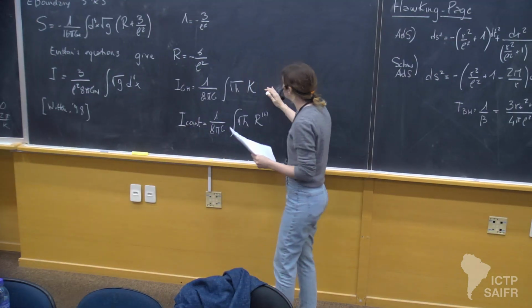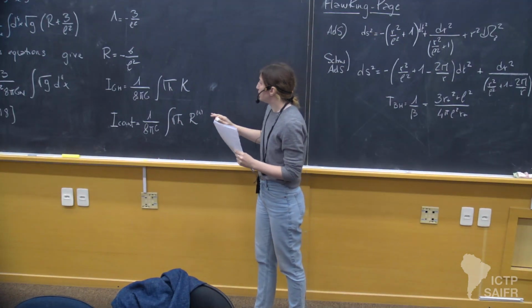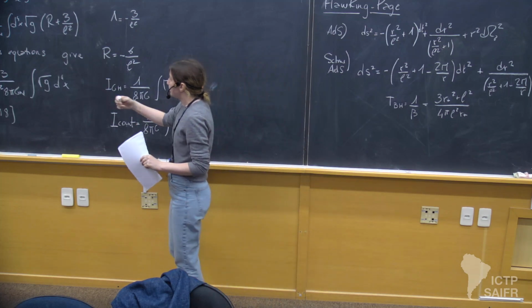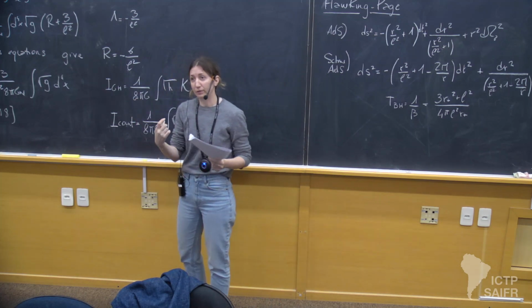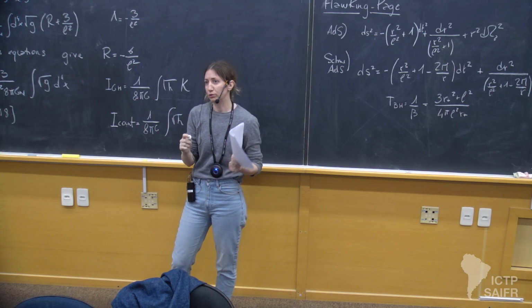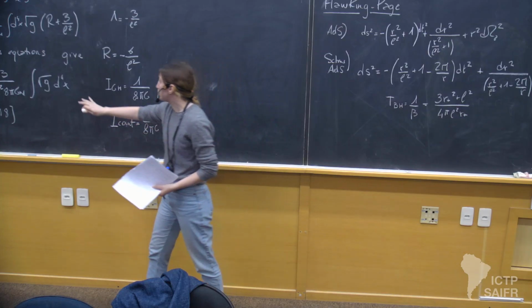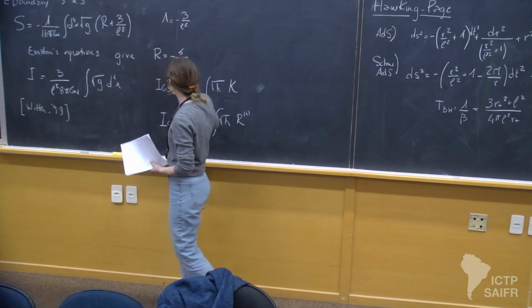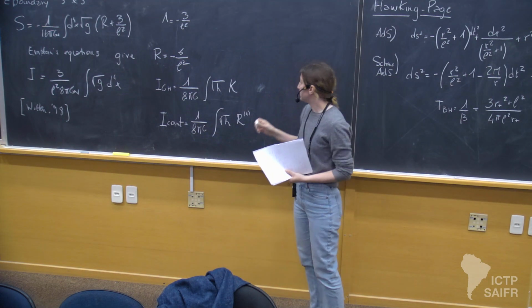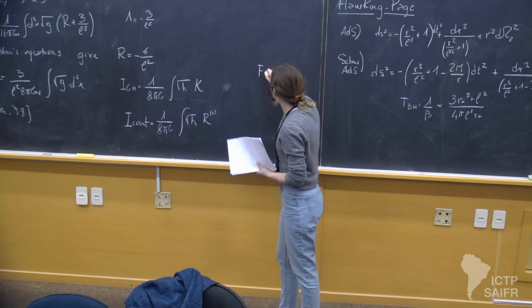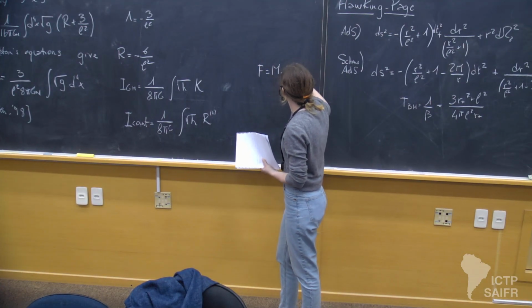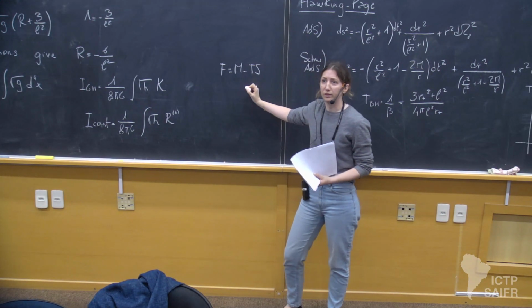I didn't show you last time, but basically, if I take the AdS Reissner-Nordström solution, which is the one that I showed yesterday, I compute this action here and I normalize it, I get exactly the potential F, which is M minus Ts, that I used yesterday.